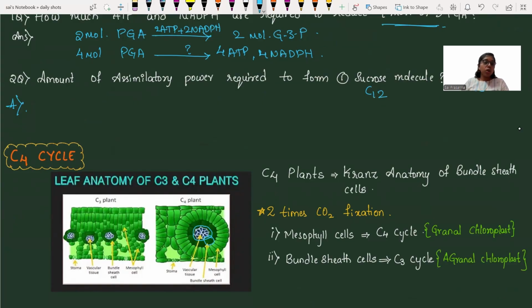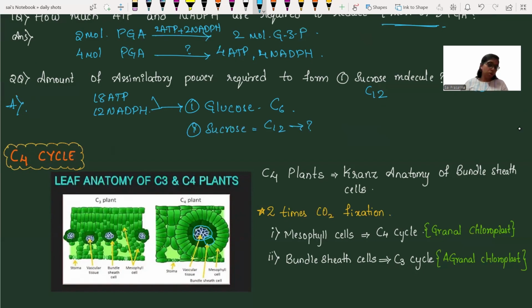So, if 18 ATP and 12 NADPH are utilized to form 1 glucose, which has 6 carbons, for one sucrose, which has 12 carbons, how much assimilatory power is utilized? Of course, it is 18 into 2 and 12 into 2, that is 36 ATP and 24 NADPH. These types of questions are frequently asked, so I'm exercising them here.